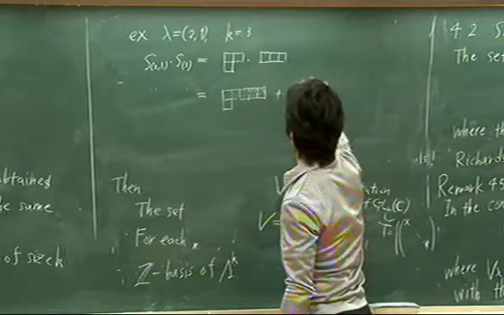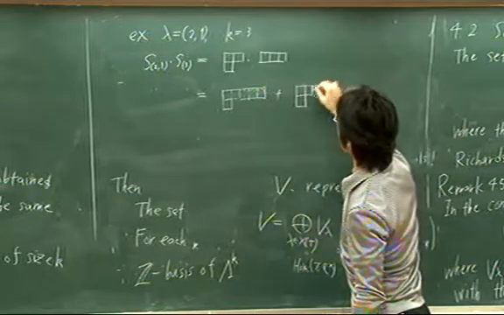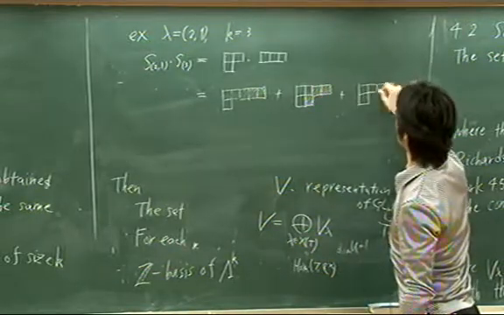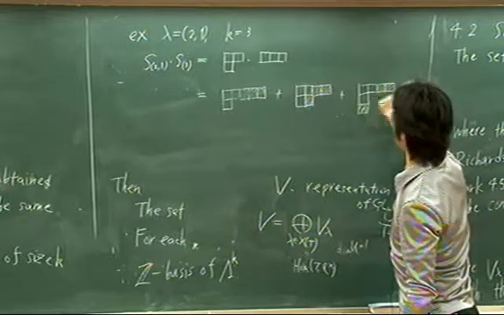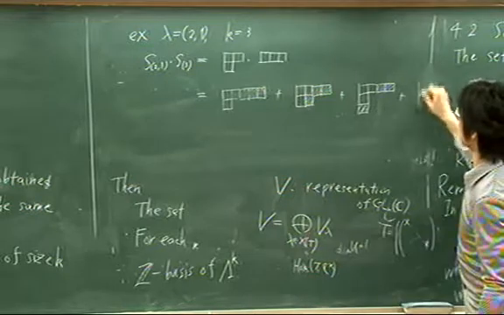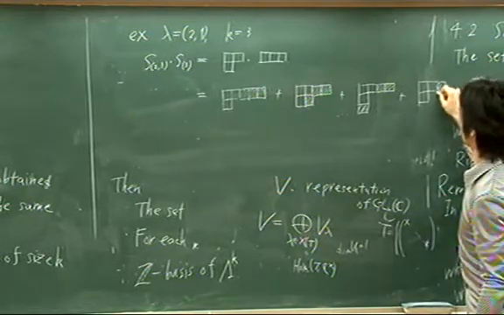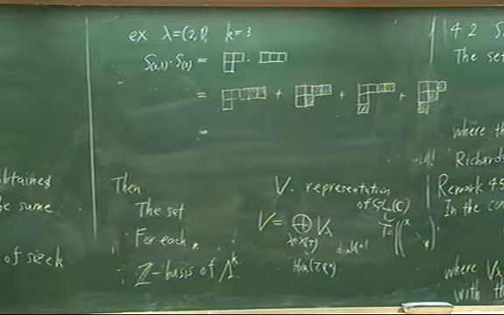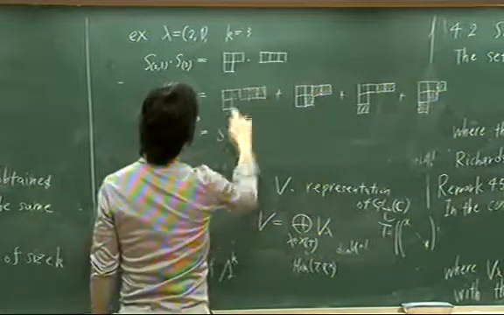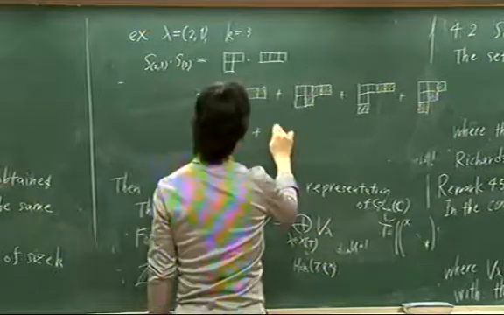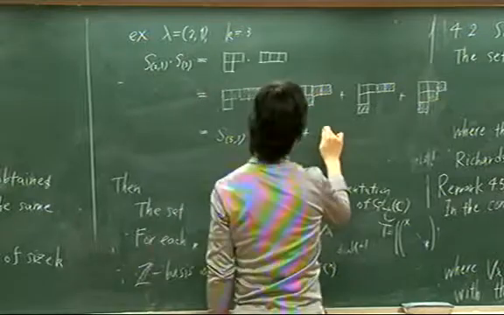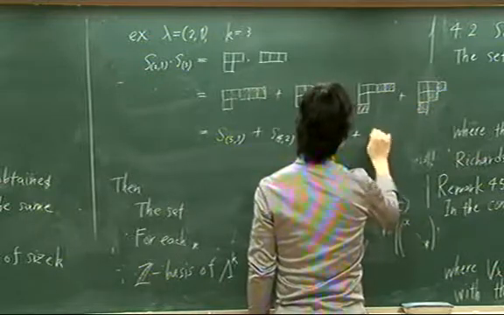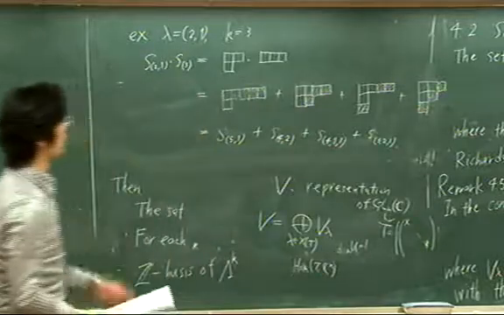Plus (2 and 1), plus (2, 1), plus (1). So the result is S_{51} plus S_{42} plus S_{411} plus S_{321}, like this.